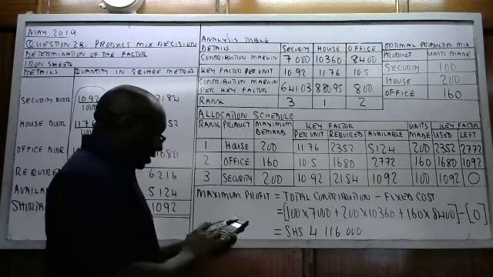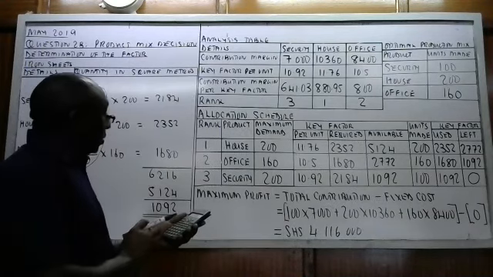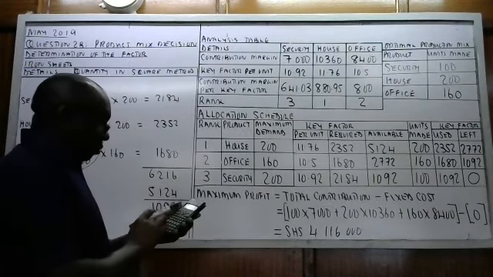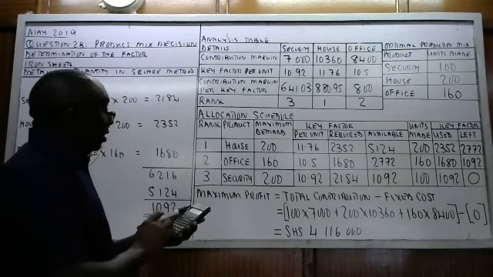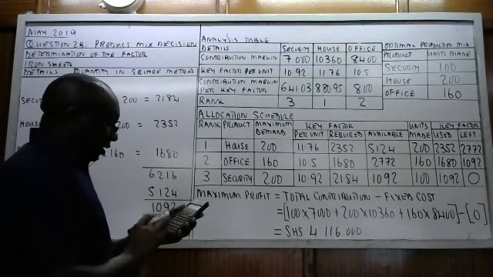As in 100 times 7,000 plus 200 times 10,360 plus 160 times 400.